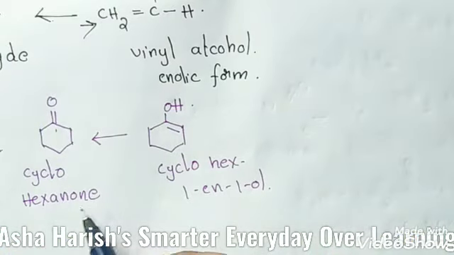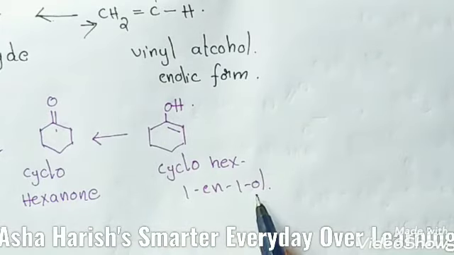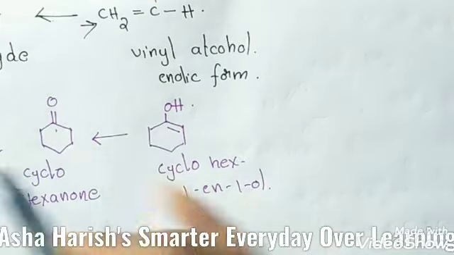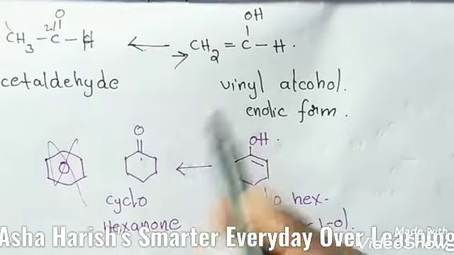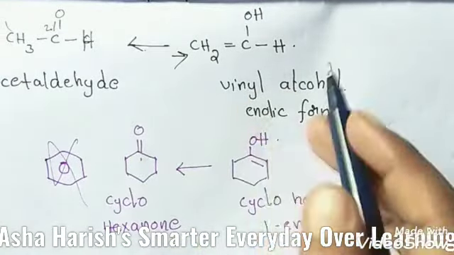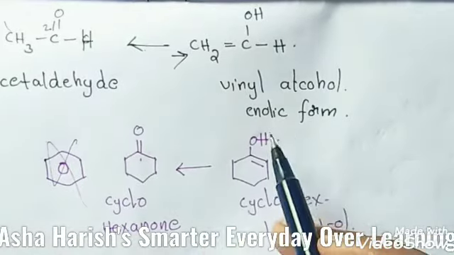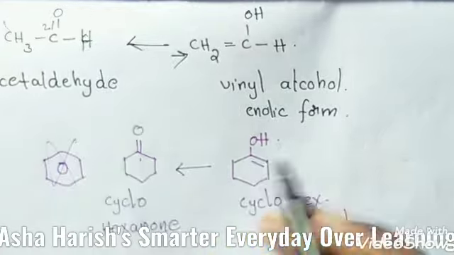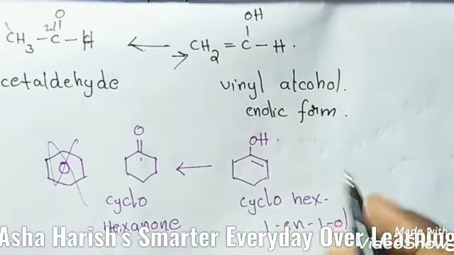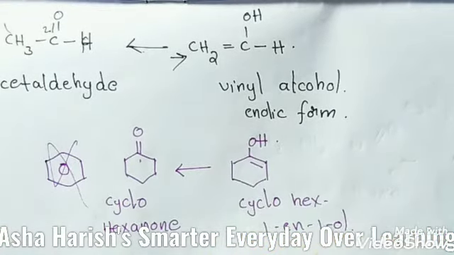From these two examples, cyclohexanone and cyclohex-1-ene-1-ol. Okay students, these are all examples of monocarbonyl compounds listed above. The greater stability of the keto form with respect to the enol form is due to the greater strength of the carbon-oxygen pi bond.